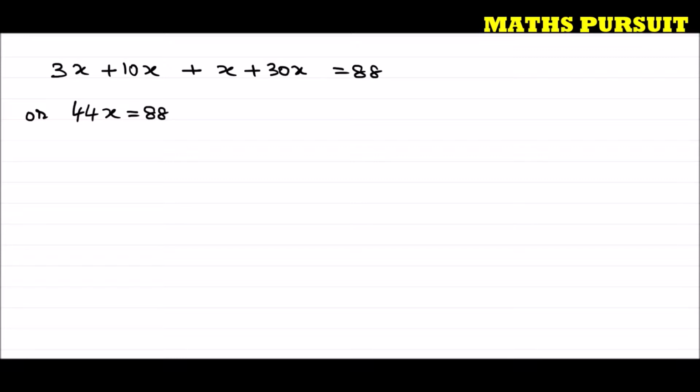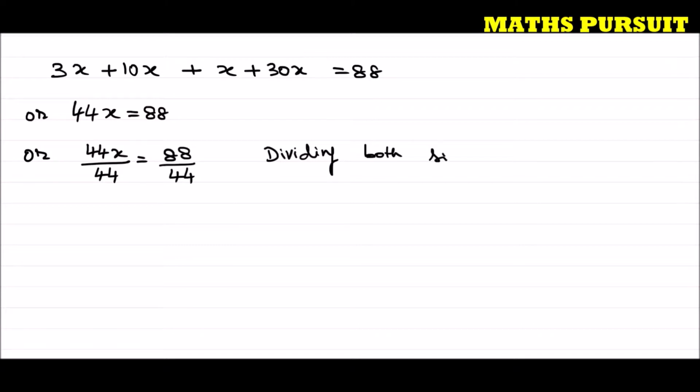Or I can write 44x divided by 44 is equal to 88 divided by 44. What am I doing here? I am dividing both sides by 44. Why am I dividing both sides by 44? I want to eliminate this 44 from x.